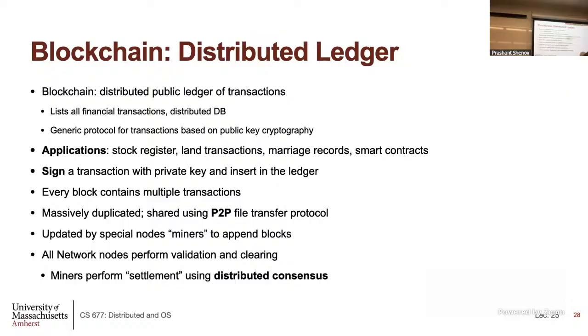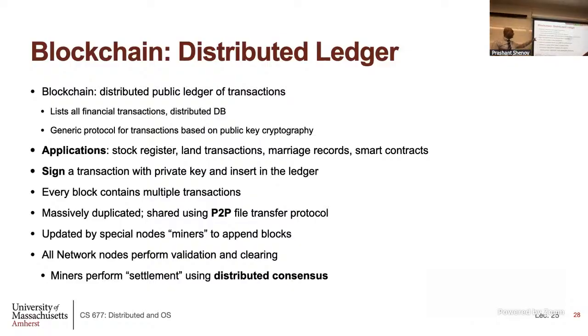So all real estate information, at least in this country, all land records are public. So you know who owns a certain piece of land. So you can put that in a blockchain. It can be cryptographically signed. You can transfer it, and you can do all of those things that blockchain allows you to. So we will now use this in the context of cryptocurrencies.